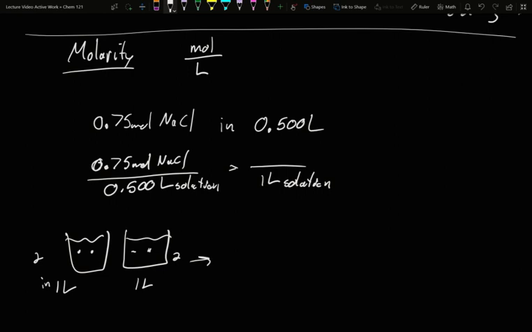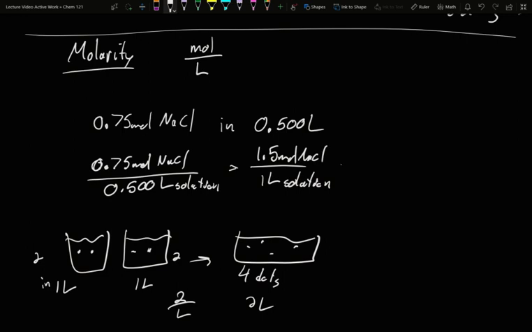Well, if you combine them, it becomes 4 dots in 2 liters. They just scale up. Our 2 over 1s, if we have twice as much stuff, we're 4 over 2s. Our ratios multiply just the same as they do for weight and volume percents. If I have twice the volume, I will have twice the moles.